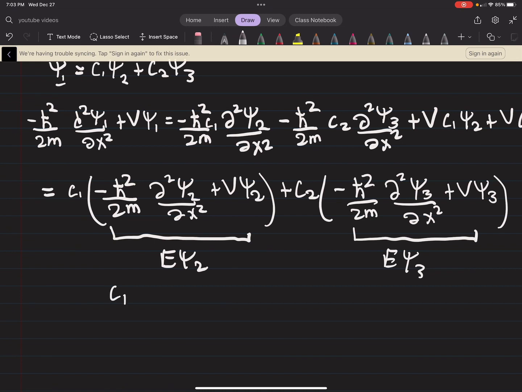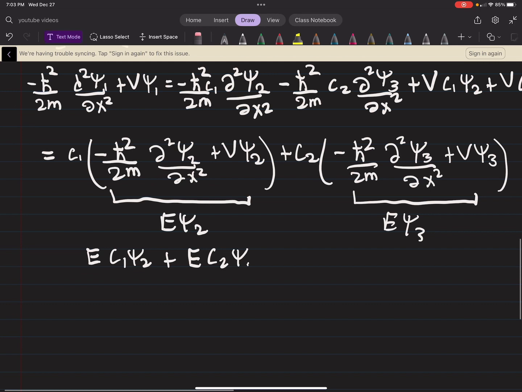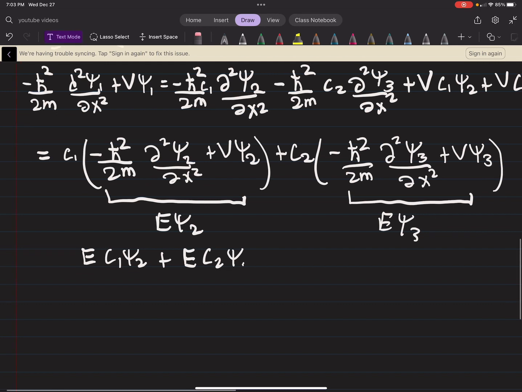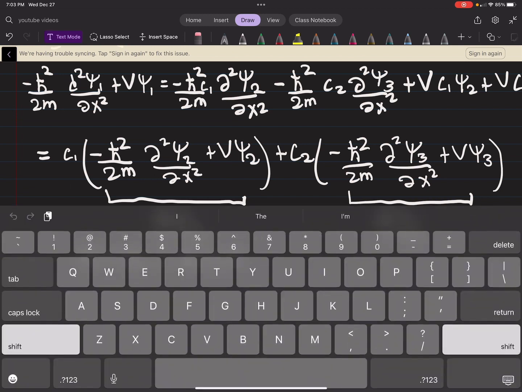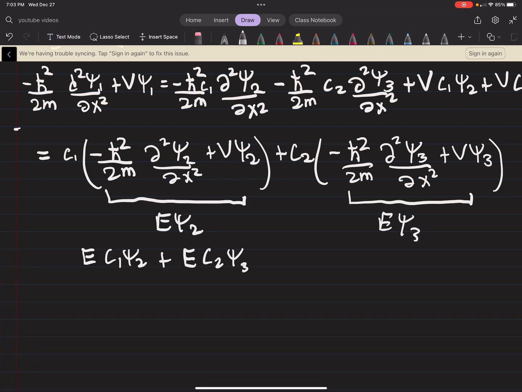So you get E c1 psi 2 plus E c2 psi 3. So once again, we have a solution to Schrodinger's equation where it's a linear combination.